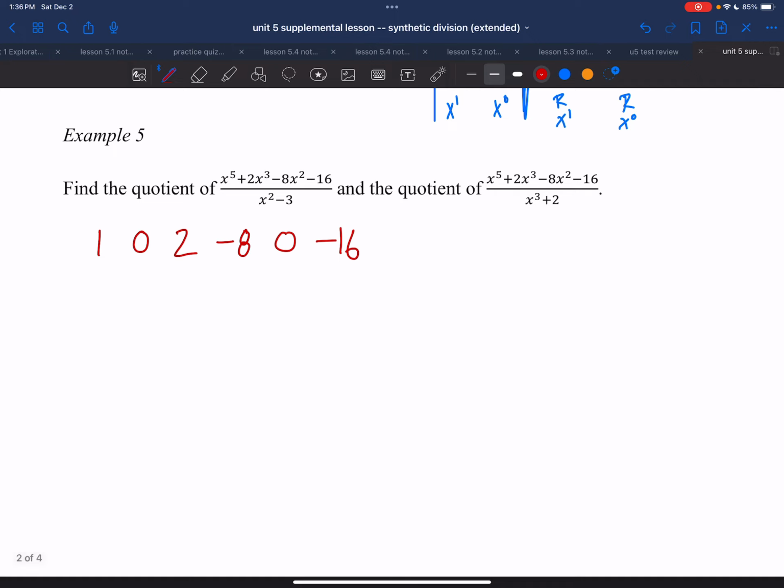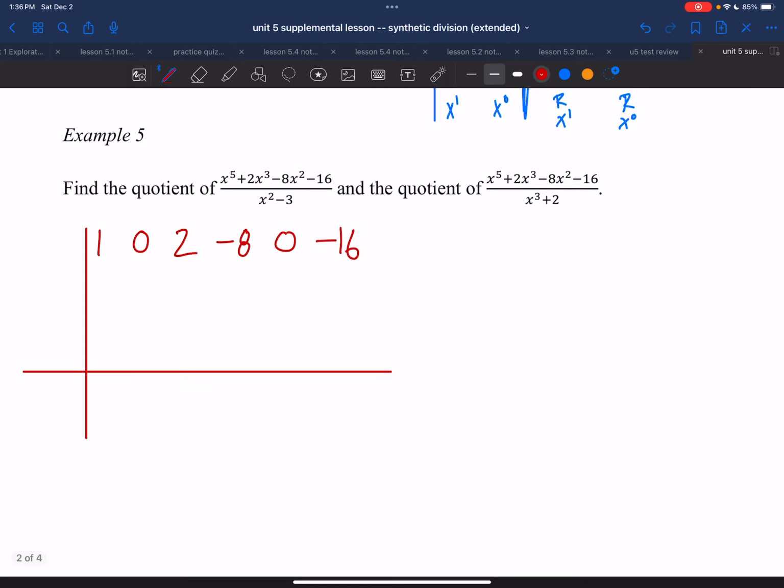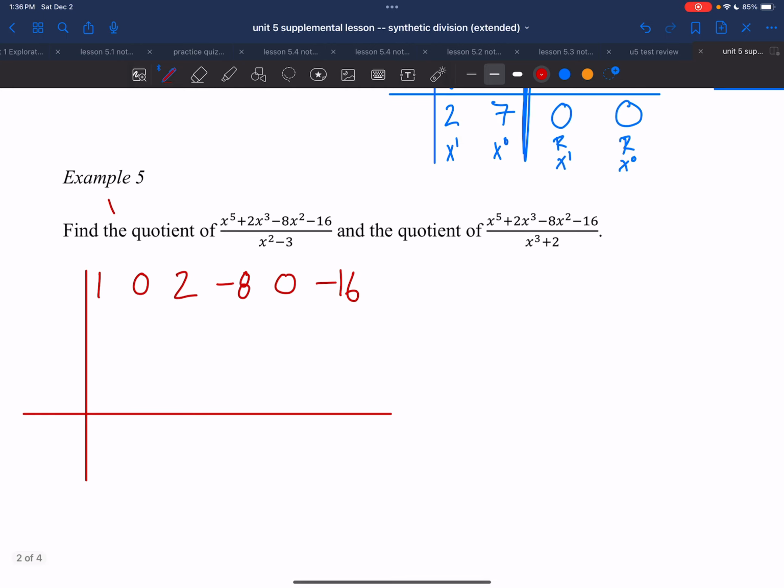And for x squared minus 3, that's x squared plus 0x minus 3.